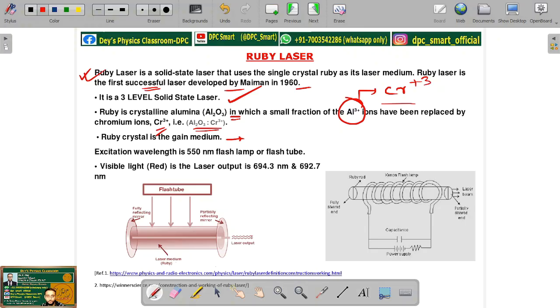We know there are 3 components of a laser: the excitation or pump source, the gain medium and the optical resonator. Here optical pumping is used, and a 550 nanometer flash lamp or flash tube is used for it. The laser output is obtained at 694.3 nanometer and 692.7 nanometer, that means the visible red region.